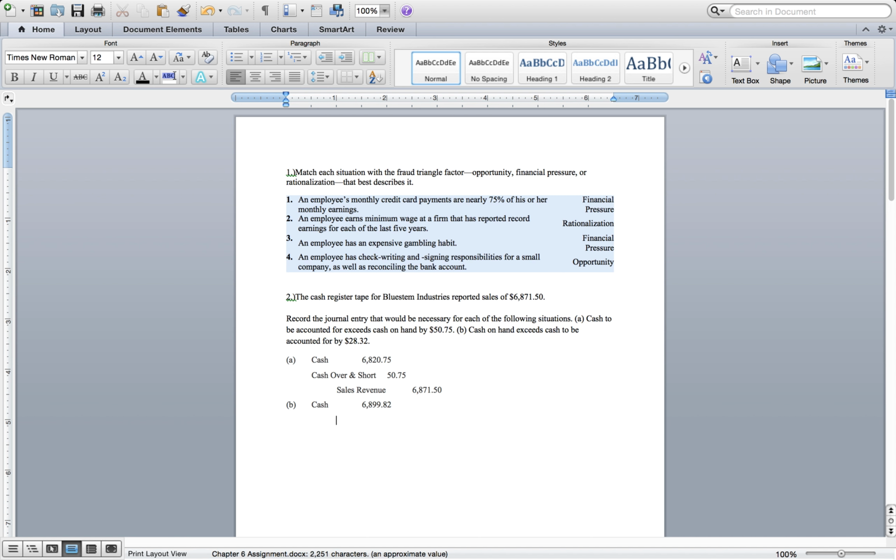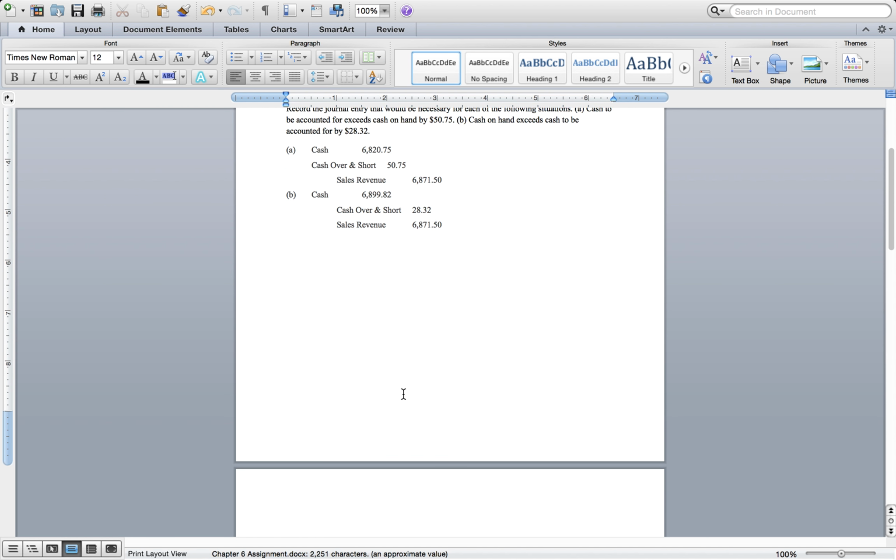And now we're not going to debit cash over and short. We're going to credit cash over and short for $28.32. We're still going to credit sales revenue, the amount reported, which is $6,871.50.